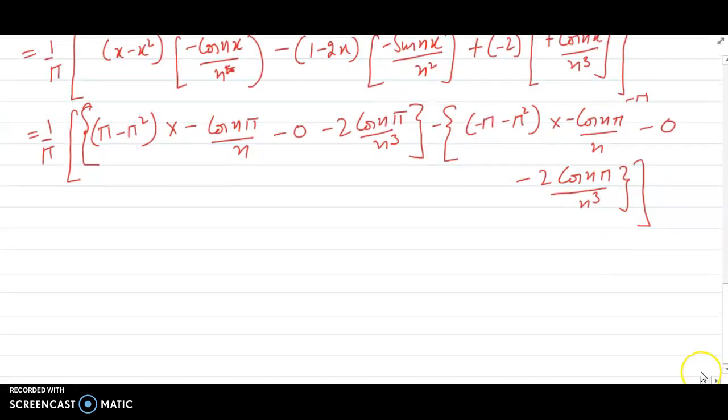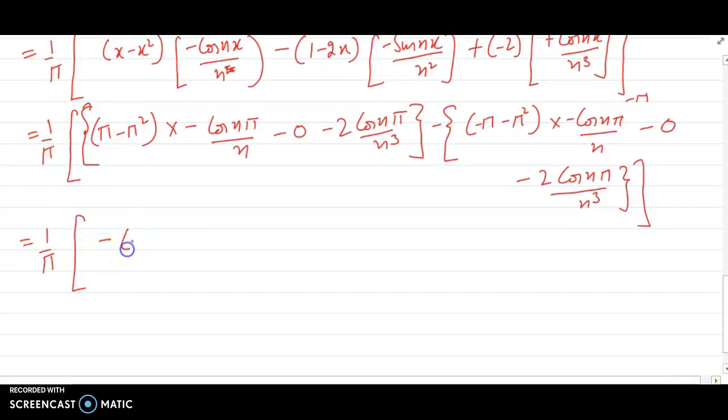Let's solve this. 1 by pi, this is minus pi minus pi square into cos of n pi by n minus 2 cos of n pi by n cube.